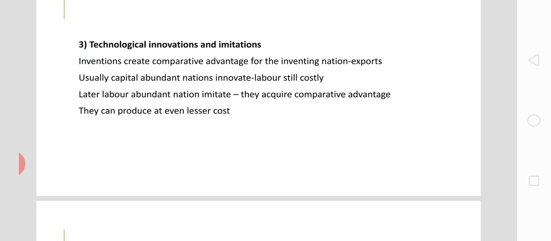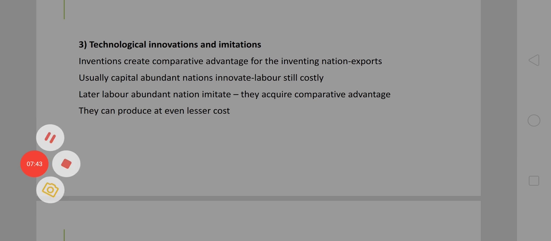After a period of time, depending on the patent and copyright matters, some other nations, developing nations, which will be labor abundant nations, will imitate the technology, and they will be able to produce the commodity at even lesser prices, because their labor cost is even cheaper, so they can export the commodity after a certain period of time. So comparative advantage will be contributed by technological innovations, and after that imitations of that technology.